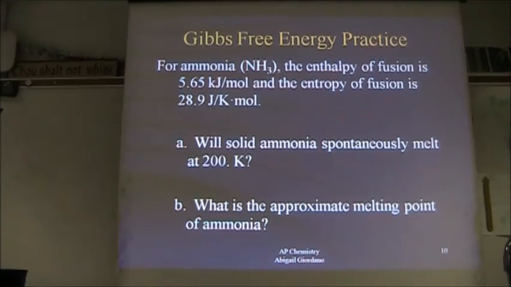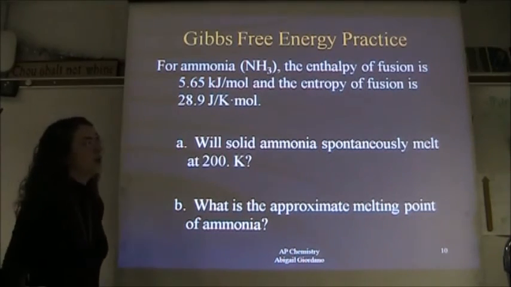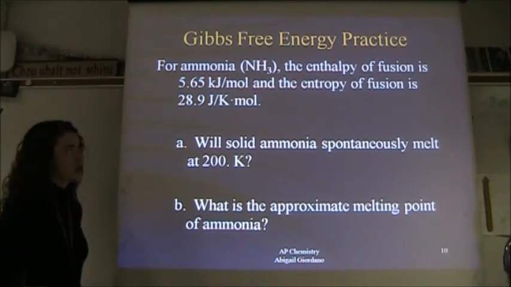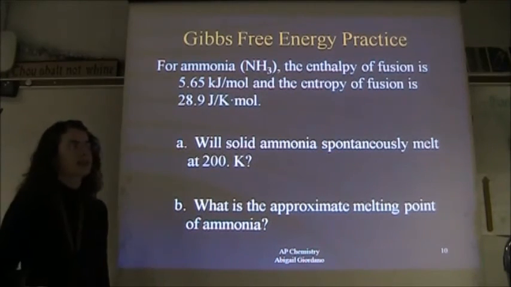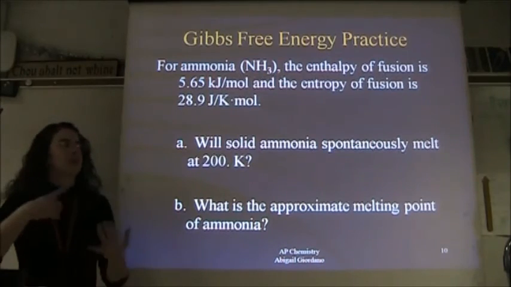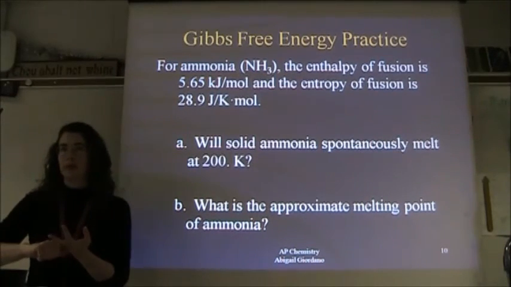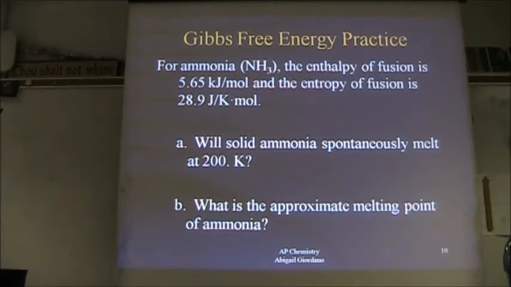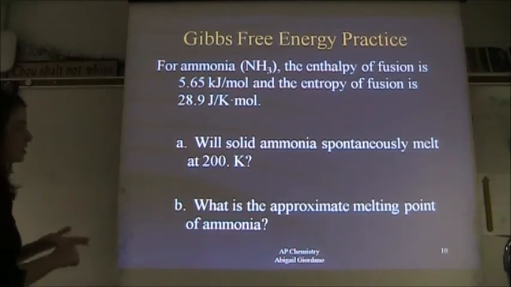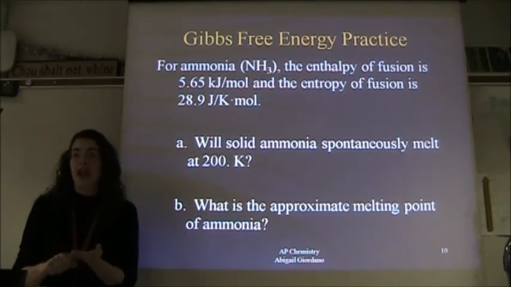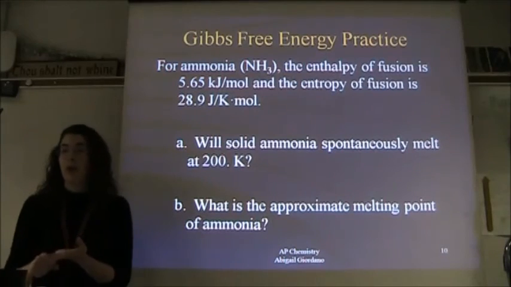Well, ladies and gentlemen, if something is going through a phase change at its melting point or at its boiling point, that is at equilibrium. If you have ice at 0 degrees, you could set delta G equal to 0. That would be okay.